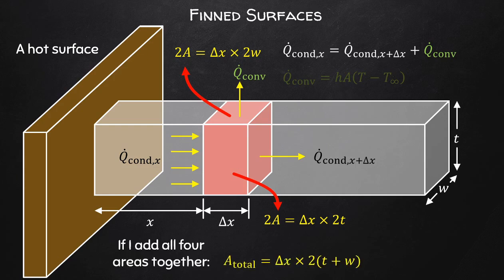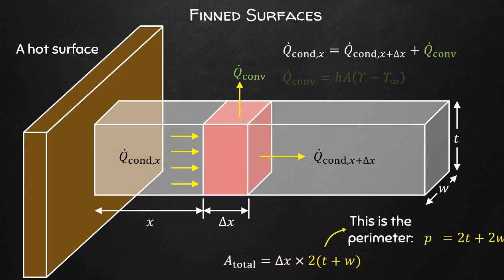The total area, therefore, with respect to all the small elements that we are now analyzing, so this is just the red section, is delta X times 2 times the sum of the sides with lengths T and W. So realize that this is actually, in fact, the perimeter of the fin, T plus W plus T plus W.